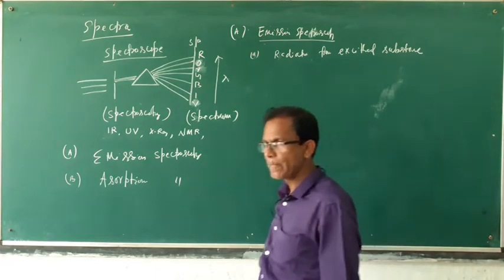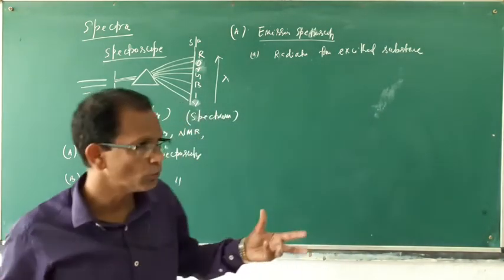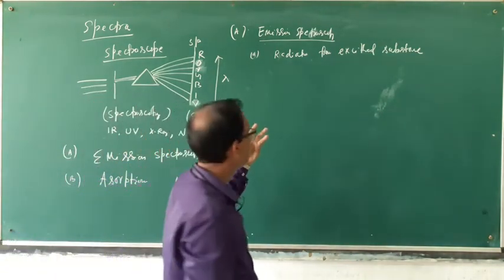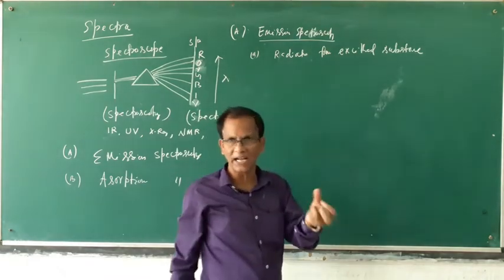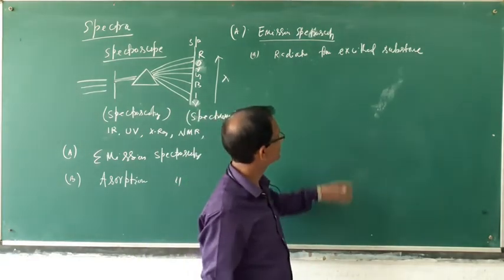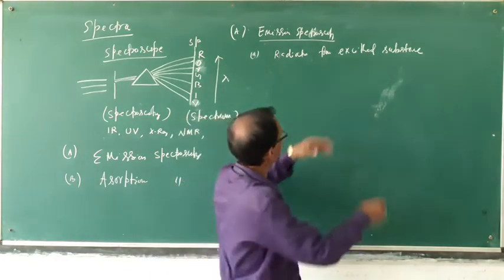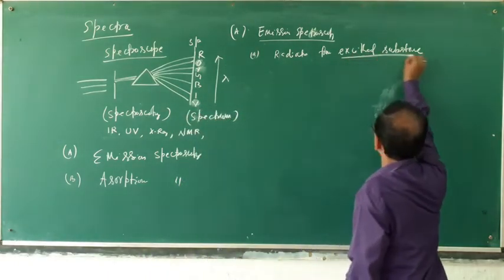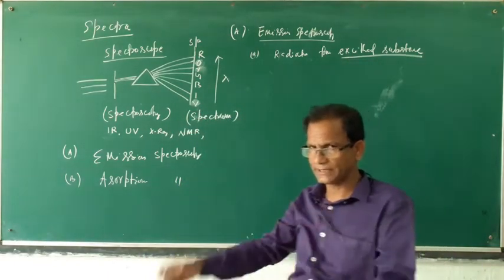That means when the substance is heated or electrically charged, it becomes excited. When it is excited, this excited substance produces light.